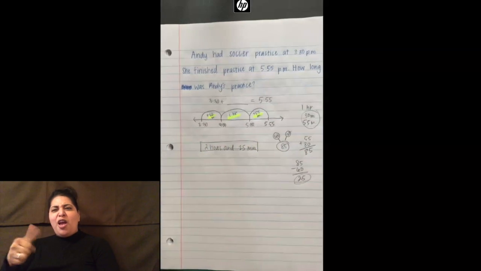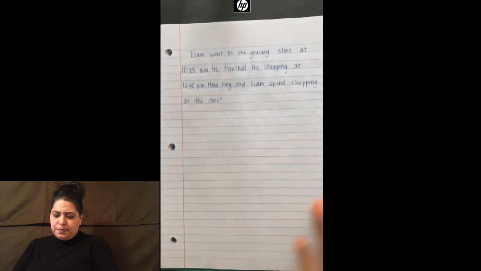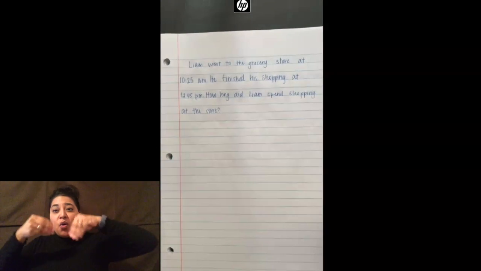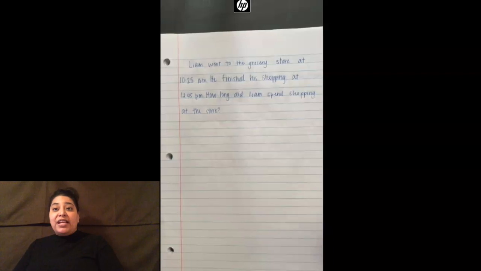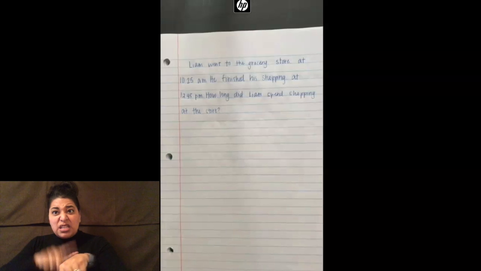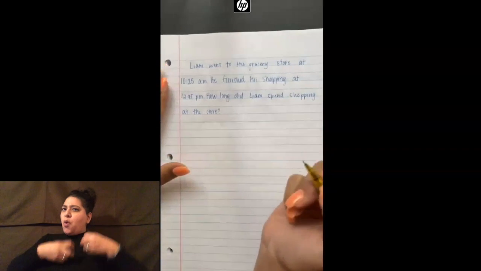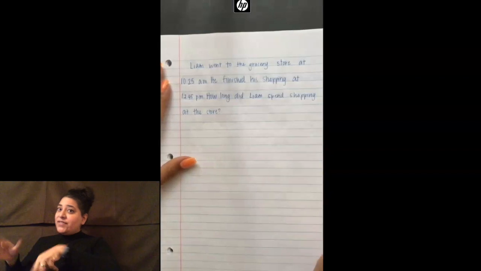Okay, let's look at another problem. Liam went to the grocery store at 10:25 a.m. He finished his shopping at 12:45. How long did Liam spend shopping at the store? Okay, so we know that we are still working with the problems where we have the beginning time and we have the end time.